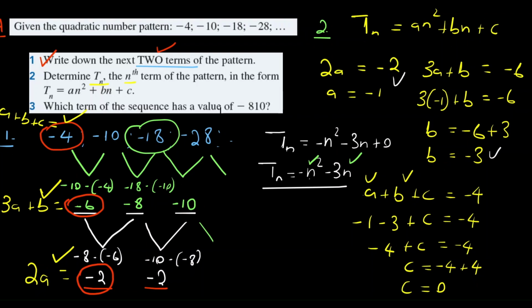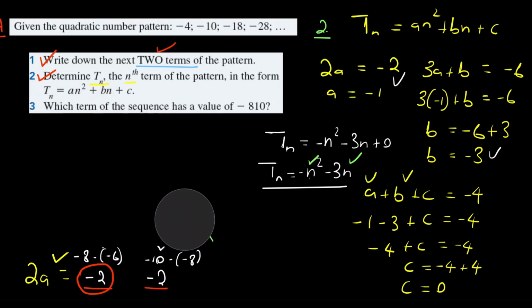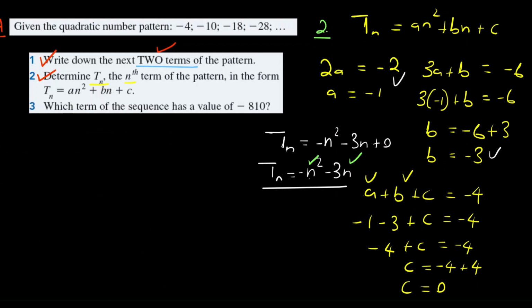So let's move on to the next part of the question, which is question number 3. We've done question number 2. And question number 3 is asking us which term of the sequence is equal to -810. So if they're asking you which term, they're asking you for n.